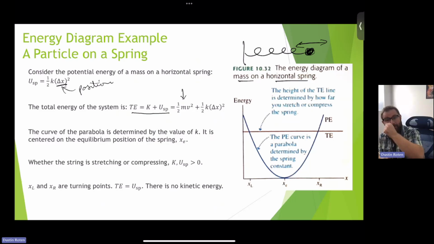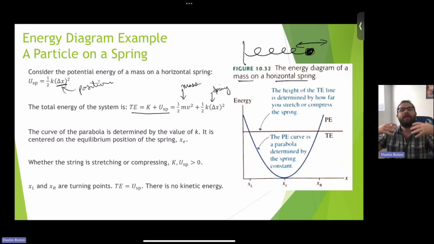So the mass itself on the end of the spring is going to have some sort of kinetic energy. It's moving horizontally, so there's no way for it to gain potential energy. So the kinetic energy is just going to come from the mass, but the potential energy is going to come from the spring. And when we add these up, we get our total energy, which in this system, there's no friction, so the total energy is conserved. It will be the same no matter what happens.